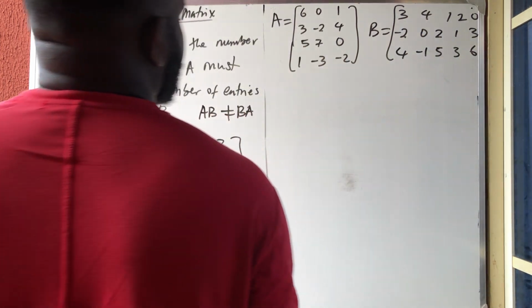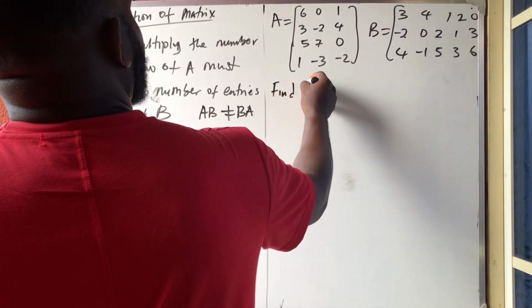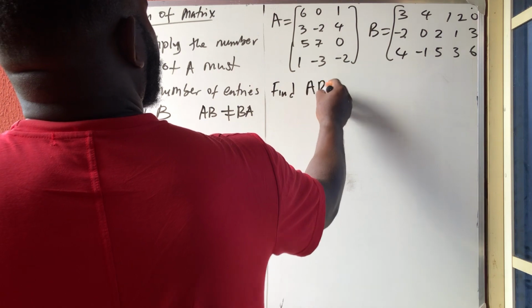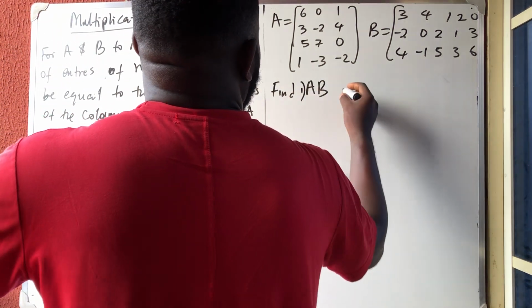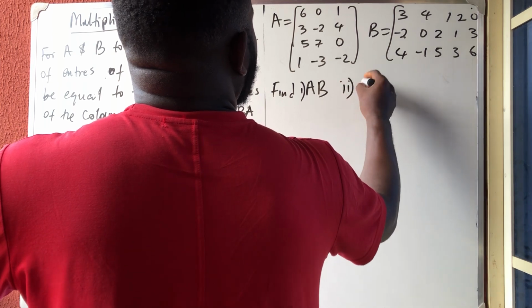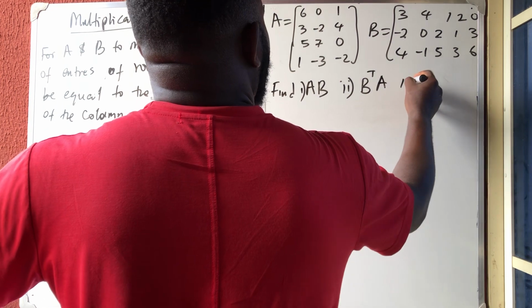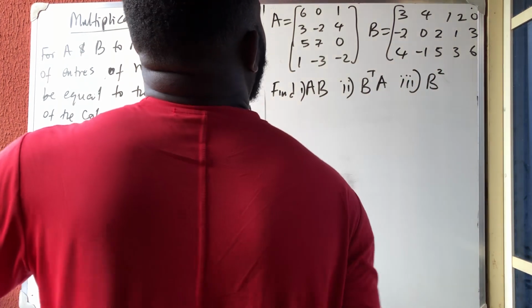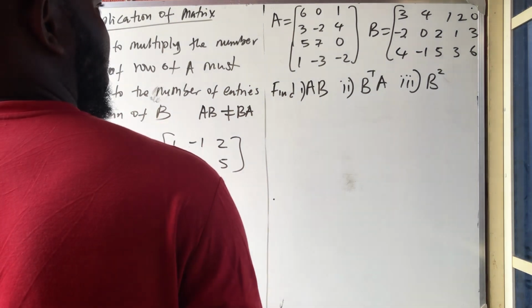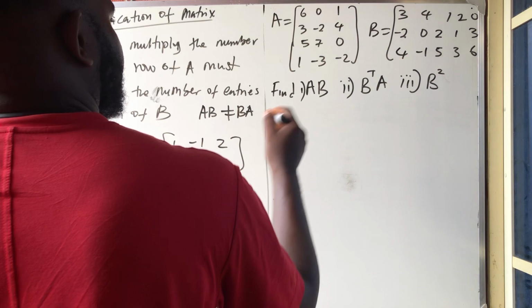The questions: find AB, find B transpose A, and find B squared. Solution.